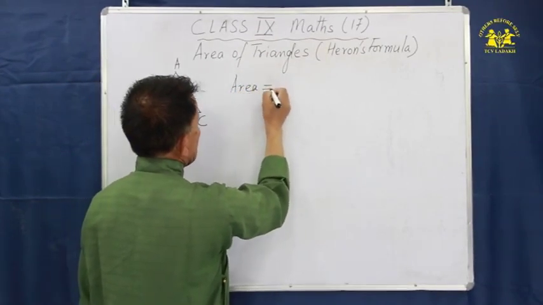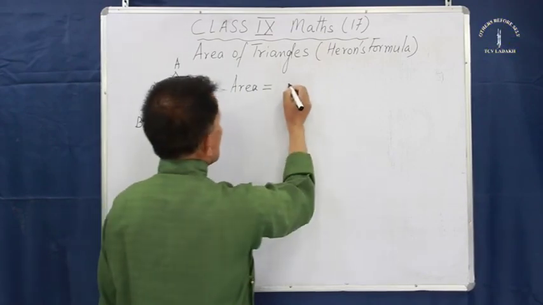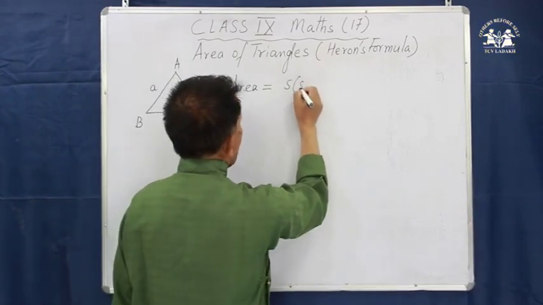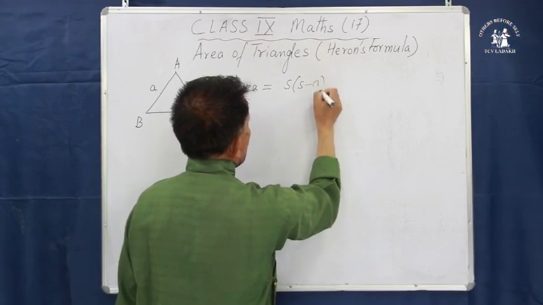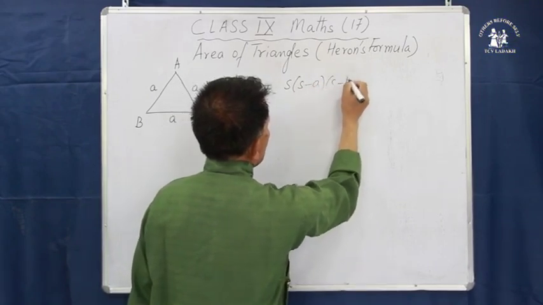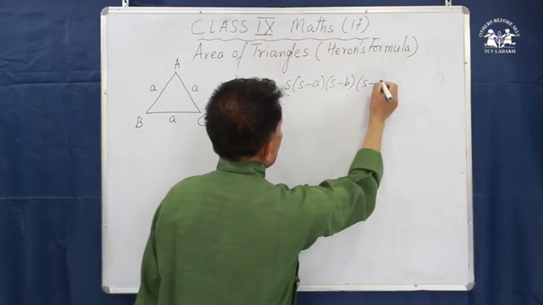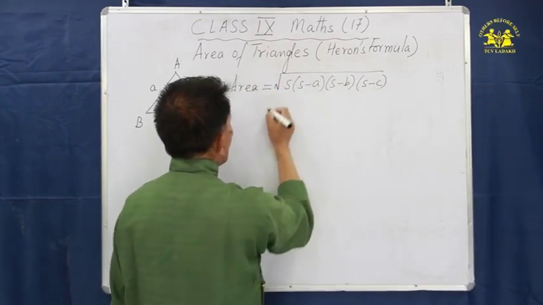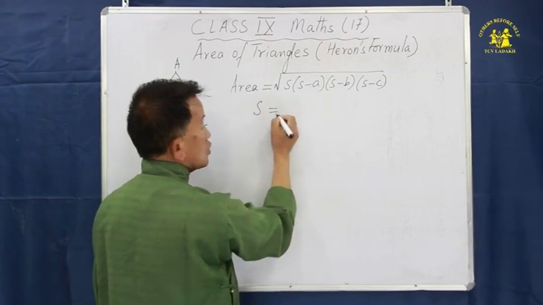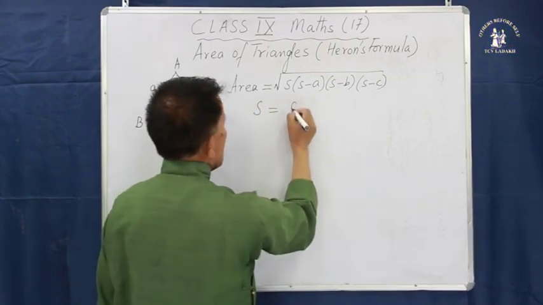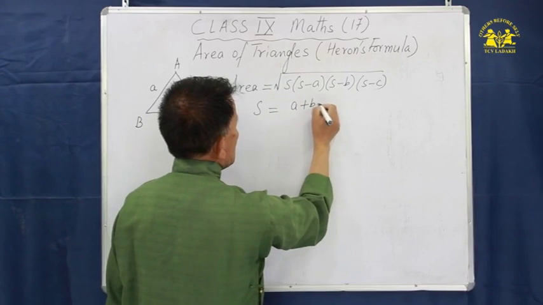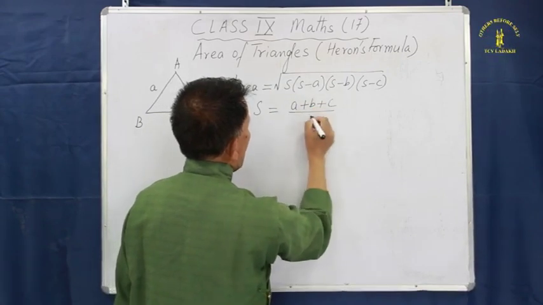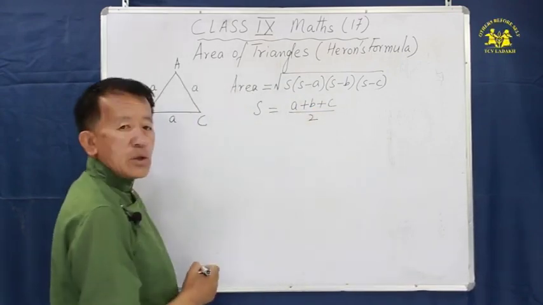Area is equal to the square root of S into S minus A into S minus B into S minus C, where S is equal to the semi-perimeter, so A plus B plus C divided by 2, okay.